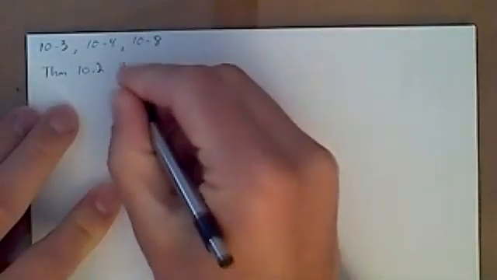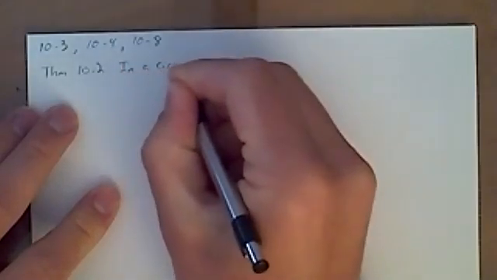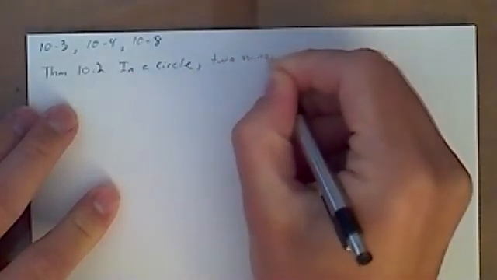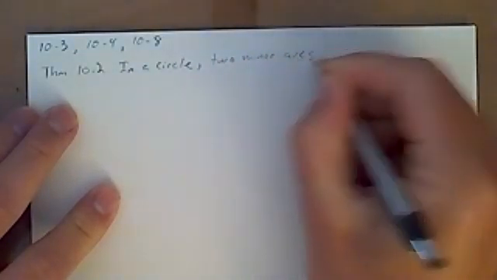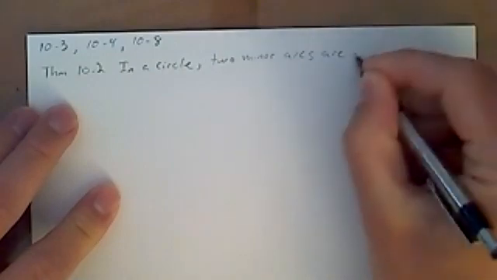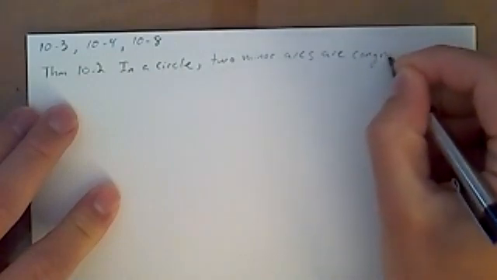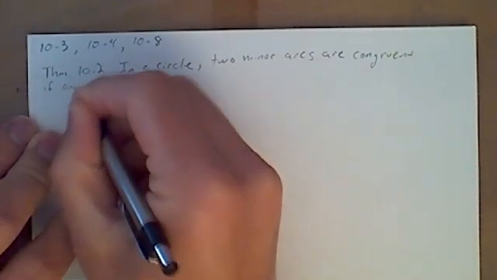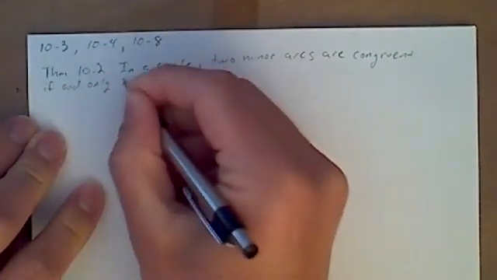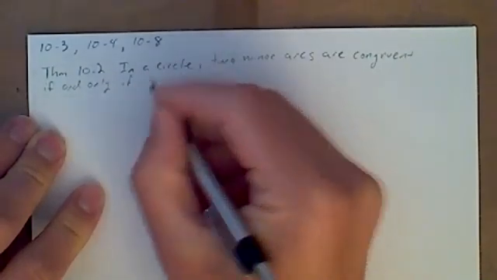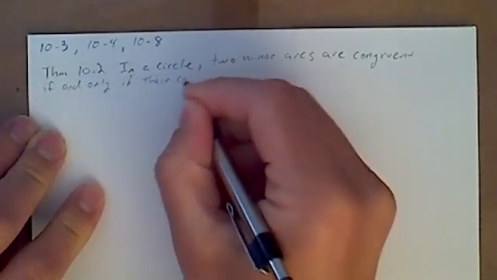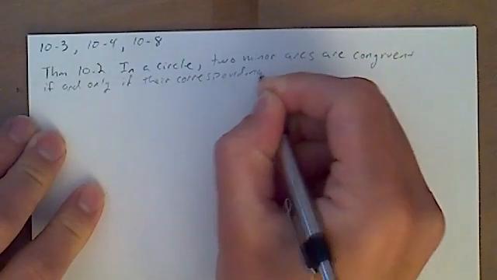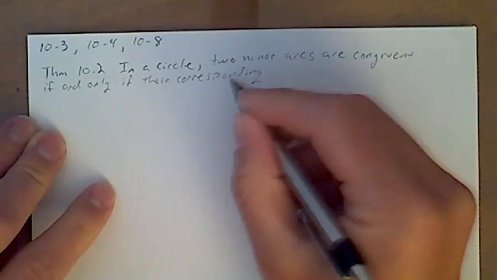It says in a circle, two minor arcs are congruent if and only if their corresponding chords are congruent.